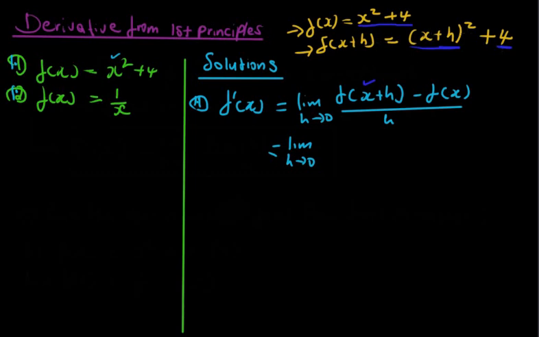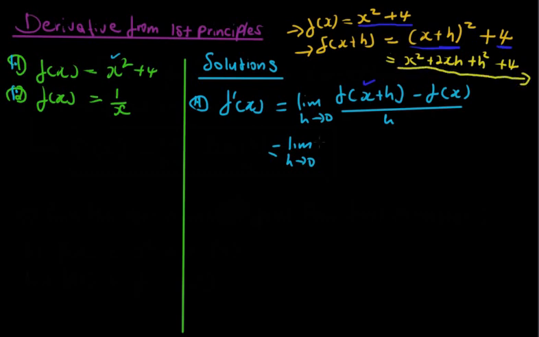Or let's just simplify that before we move along. This is equal to x squared plus 2xh plus h squared plus 4.